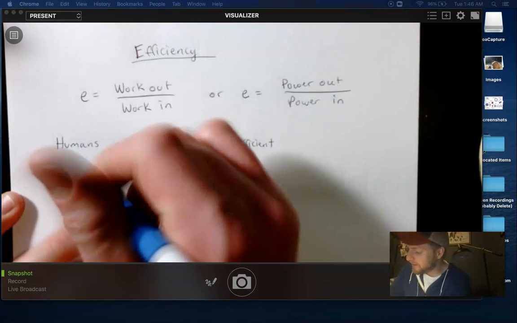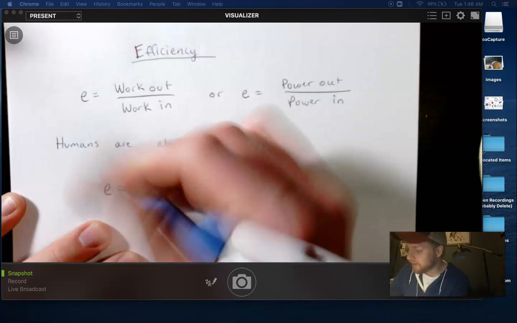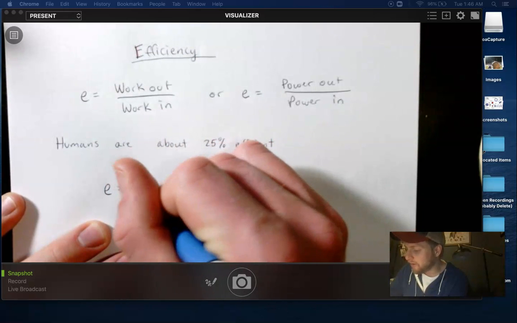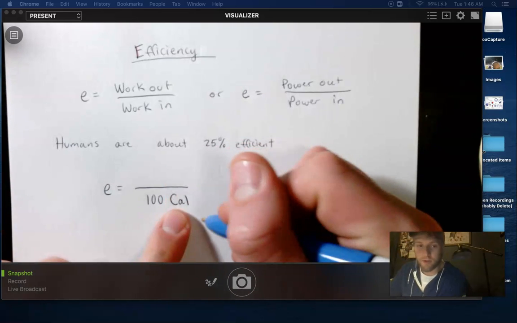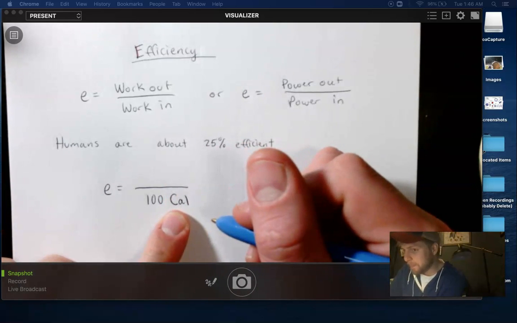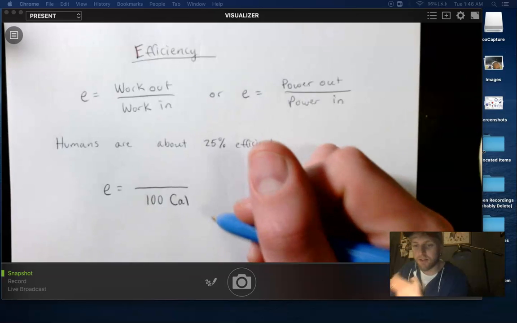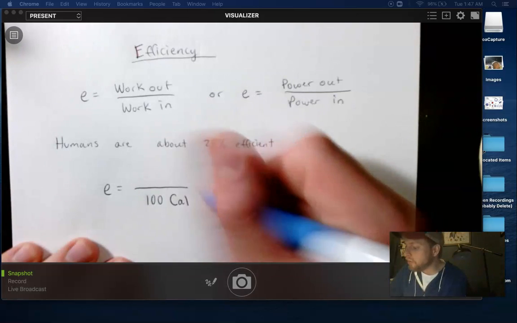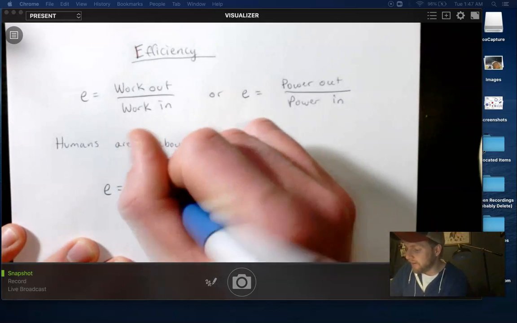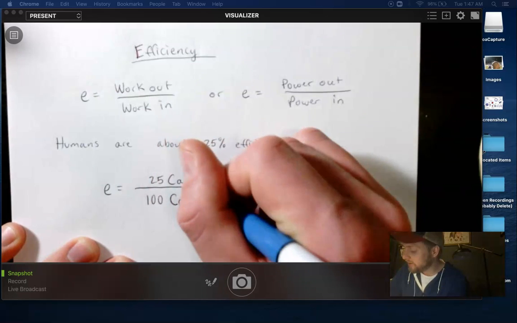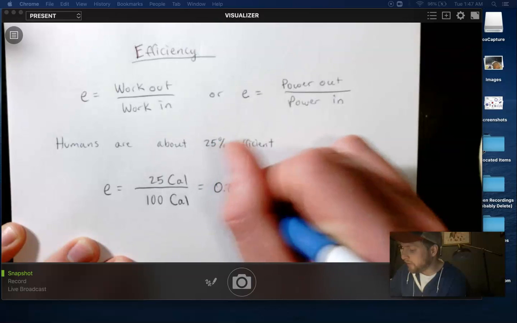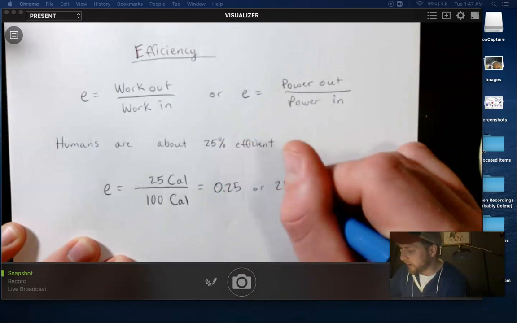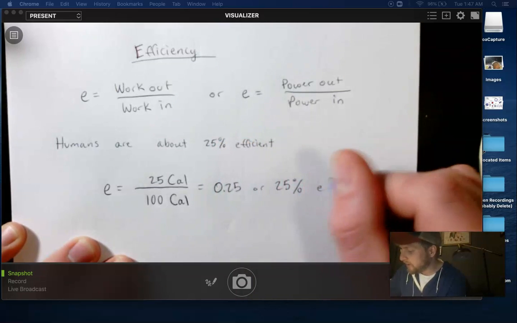So let's say that I eat a 100 Calorie, capital C for food calorie, candy bar. That means I only get 25 calories out. So I am 0.25, or you could say 25% efficient.